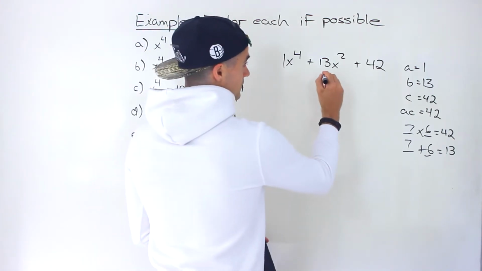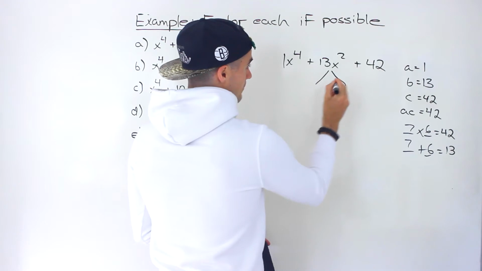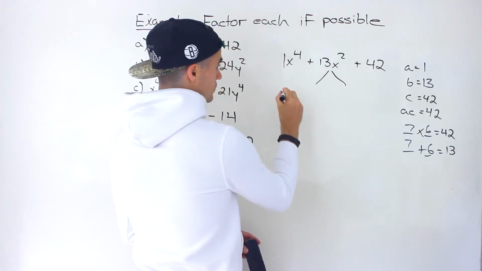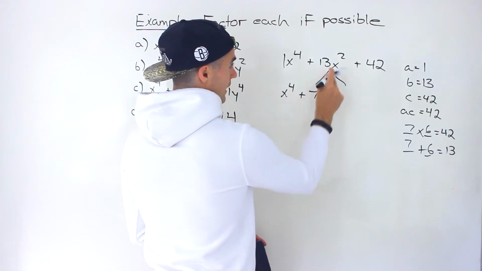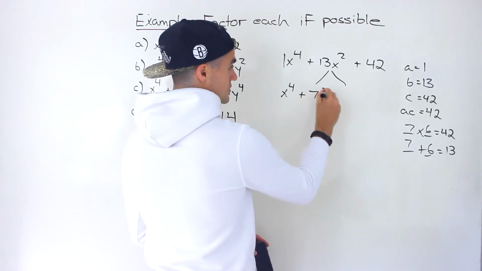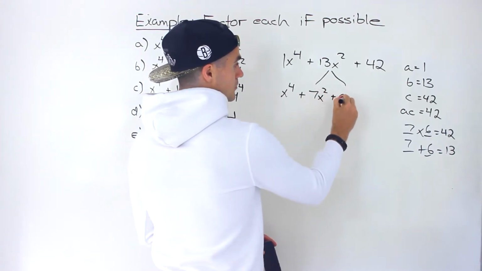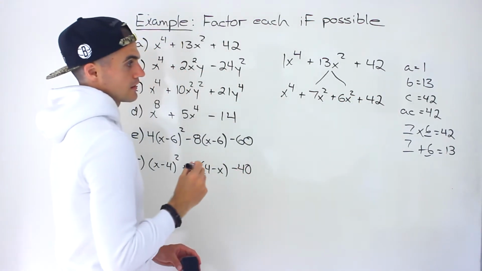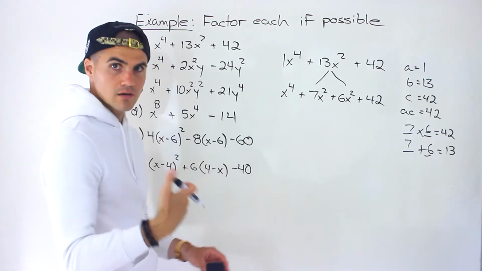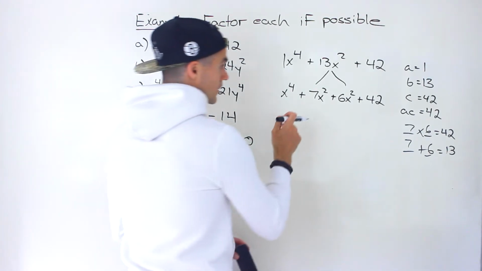Then you decompose that middle term into those two numbers as we've done before. This is x squared now, not just an x, so you'd have 7x squared plus 6x squared plus 42. From here, same thing, you factor by grouping.